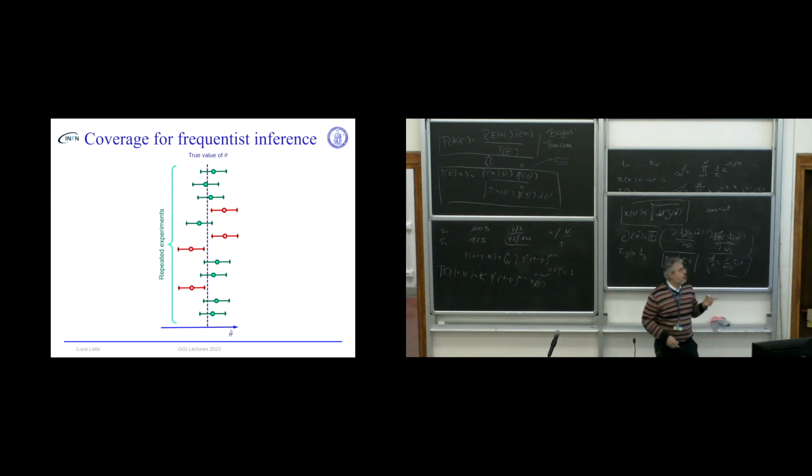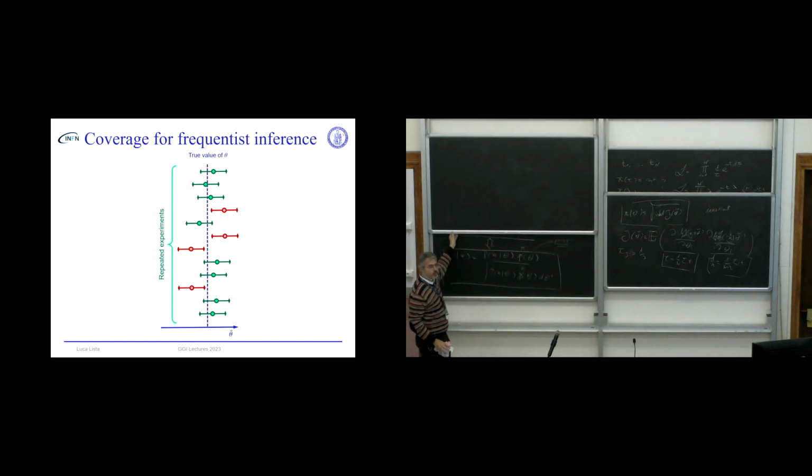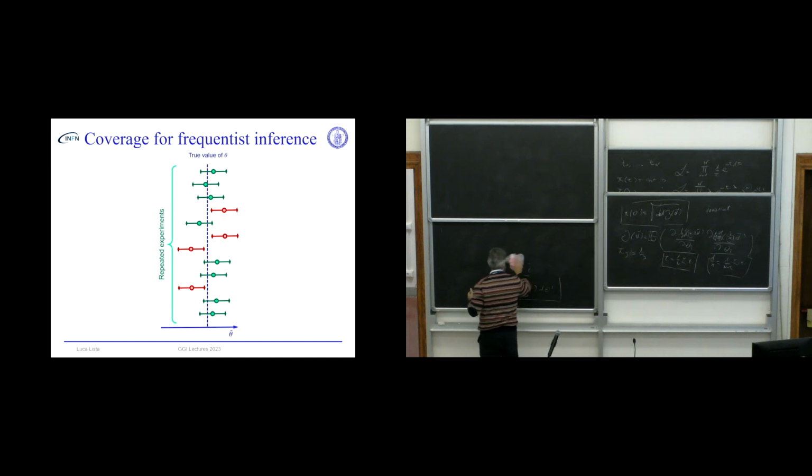So how do we define an inference process in the frequentist fashion? Let me delete this on the blackboard. With the Bayesian approach, we can define a probability density for the parameter, but a probability density for a parameter is meaningless in a frequentist approach, because the parameter is not a random variable, and the parameter cannot be randomly extracted. So what can we say?